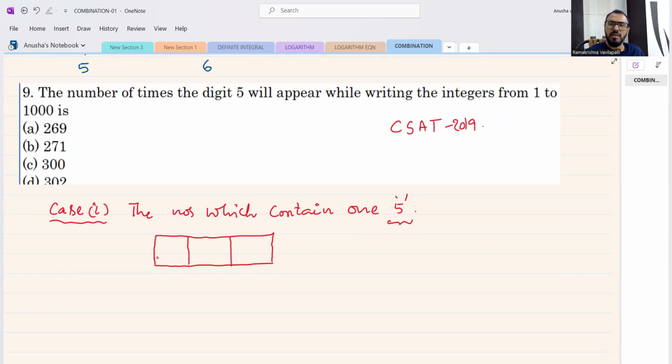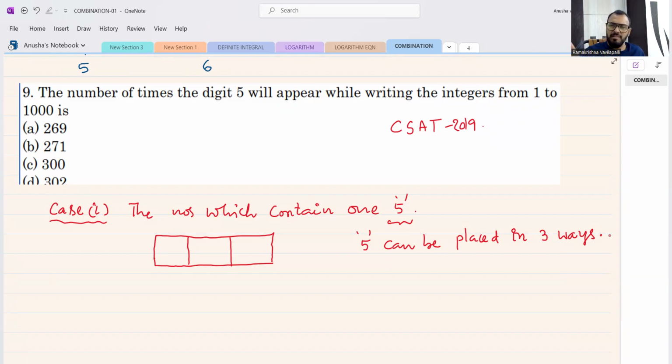So 5 can be placed in 3 ways: either first place or second place or third place.